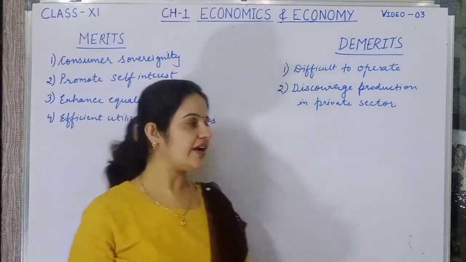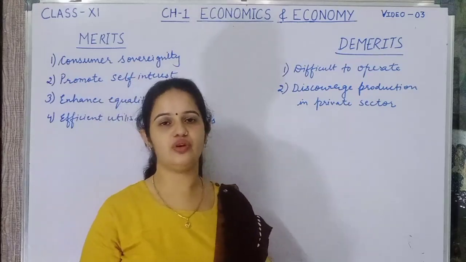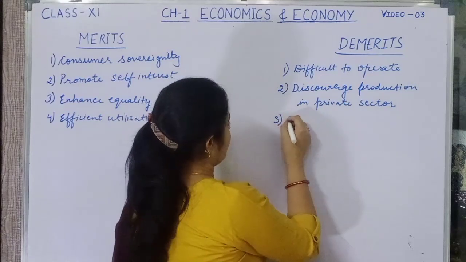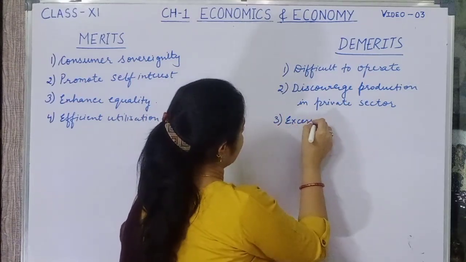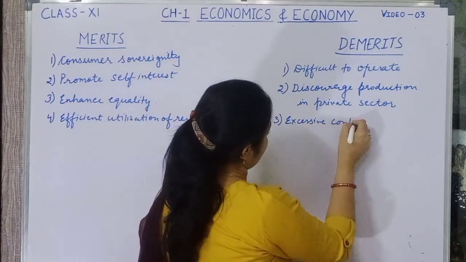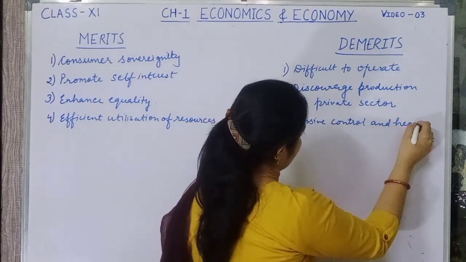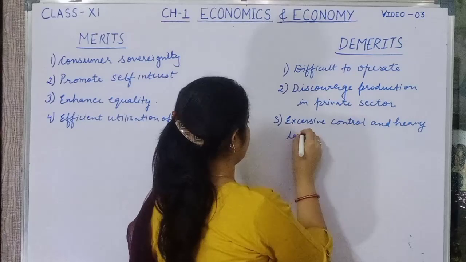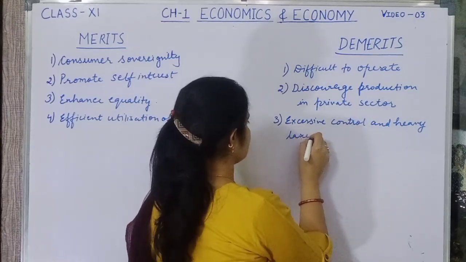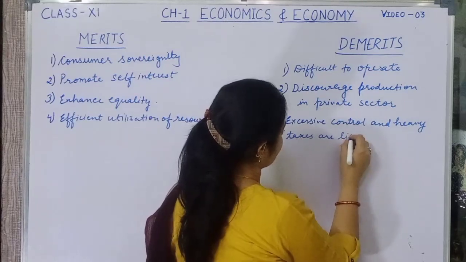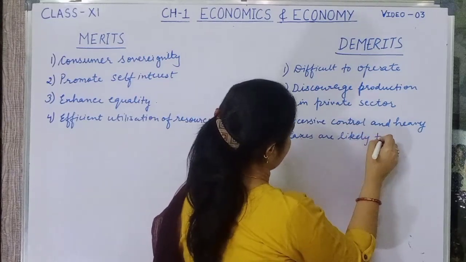Third demerit is excessive control and heavy taxes are likely to prevail.